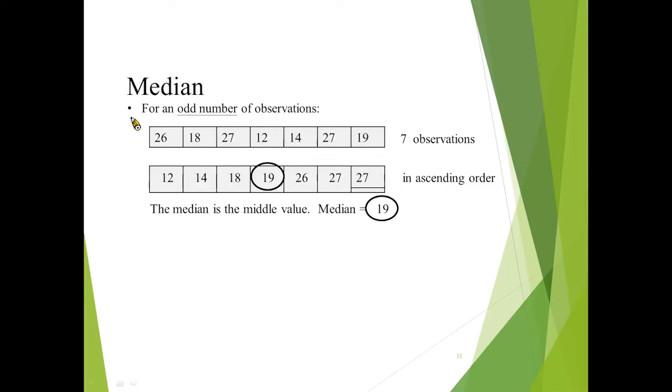You can see this table. We have 7 observations, and we need to rank them in ascending order. You can see the middle one is 19, the middle value.